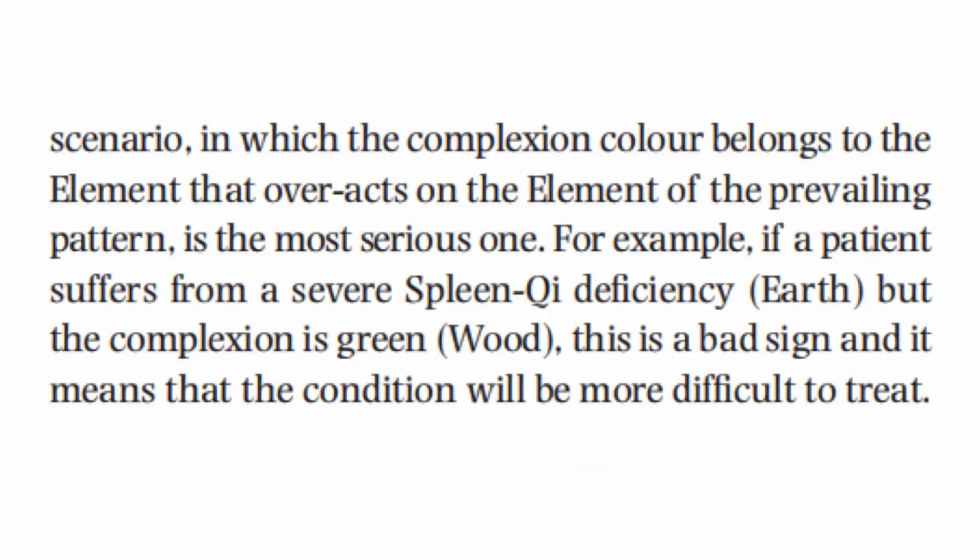For example, if a patient suffers from a severe spleen chi deficiency, but the complexion is green, this is a bad sign, and it means that the condition will be more difficult to treat.